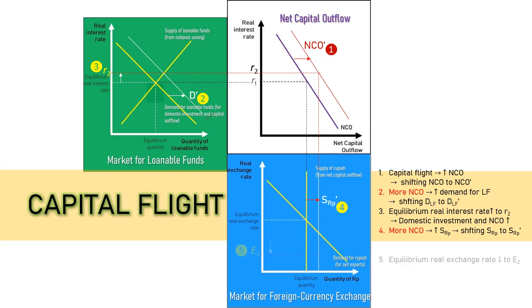And at the end, we have a lower equilibrium real exchange rate at E2. So because of the capital flight, we can summarize that the real interest rate equilibrium is now higher. Domestic investment as well as the net capital outflow will be higher too. And lastly, we have a lower real exchange rate equilibrium.